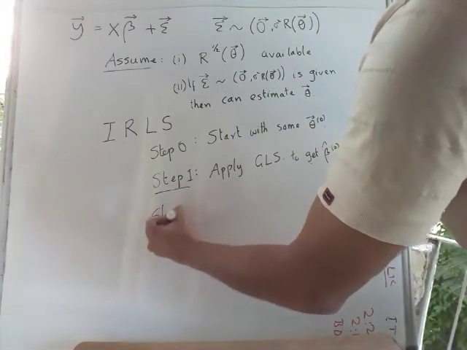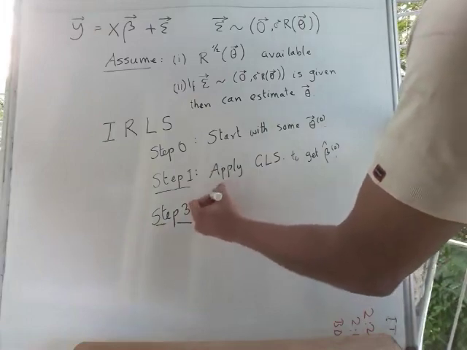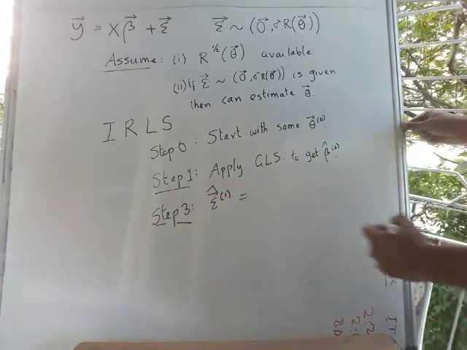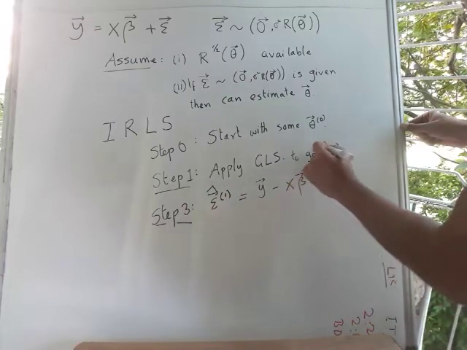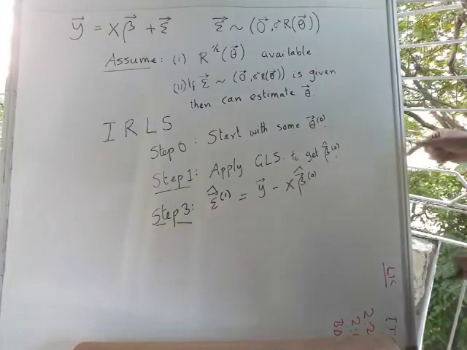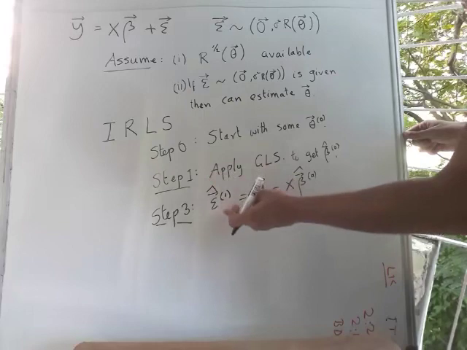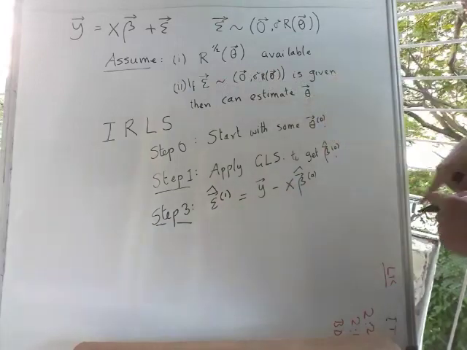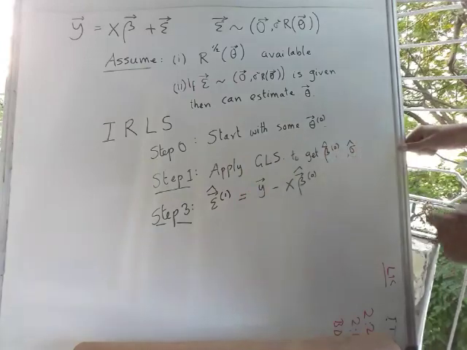Step 2, define epsilon hat 1 as y minus X beta hat 0. So now you get some proxy values for the epsilons. I have assumed that if epsilons are given, then I can find out my theta. You have applied GLS to get this as well as your sigma square hat. From GLS you can get that also.